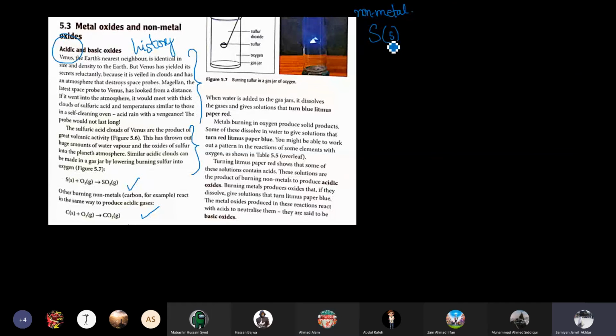As sulfur is a solid, when it reacted with atmospheric oxygen, it formed sulfur dioxide, which is a gas. Sulfur is a non-metal and it forms an oxide. It's an acidic oxide. Sulfur dioxide is acidic.